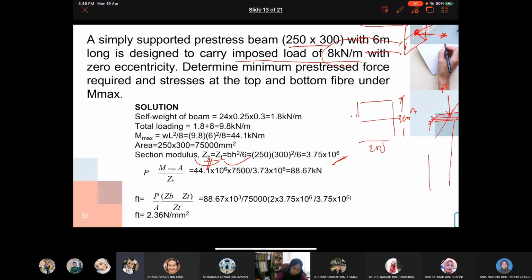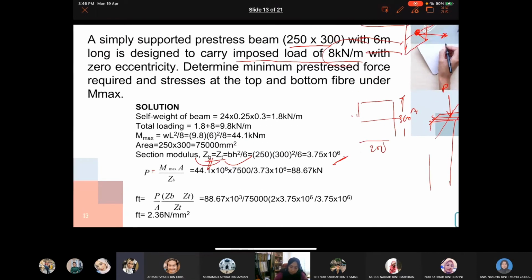And here P, which is the pre-stress force, is calculated by your M maximum multiplied by area divided by ZB. Why is this? Because you consider that there's no tension.